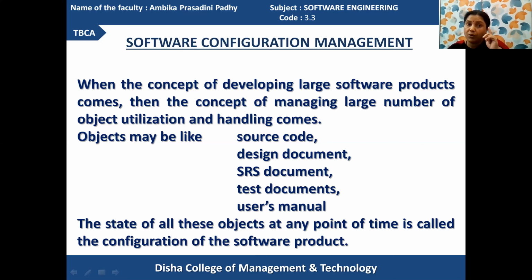So in order to prepare the configuration plan, we have to determine the places where you need to apply the configuration management. What type of configuration you have to choose for executing a certain set of actions. When your project development process is underway, you require certain activities to be carried out, like source code preparation, design document preparation, SRS document preparation, test document preparation, user manual writing, like this.